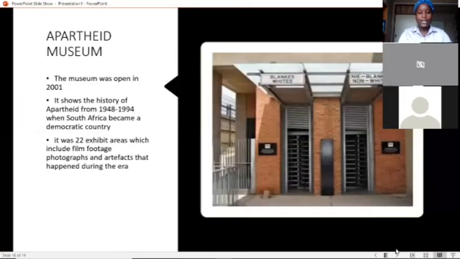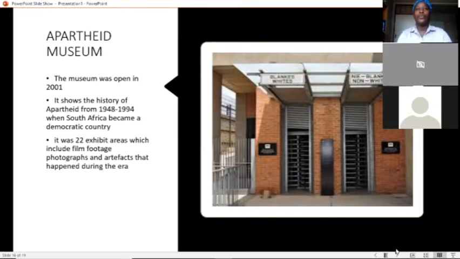Okay. Yes. And then we get to the second site in Gauteng. It is the Apartheid Museum. The museum was opened in 2001. And this is a very important site in South Africa.